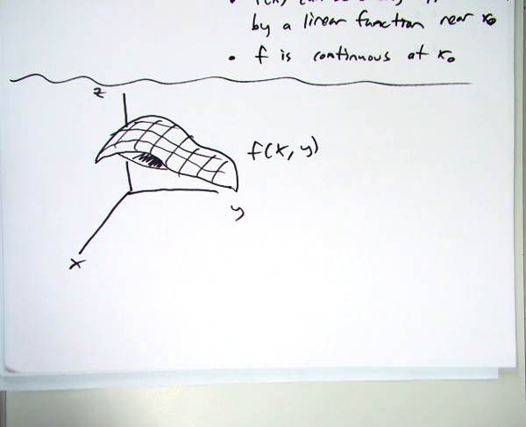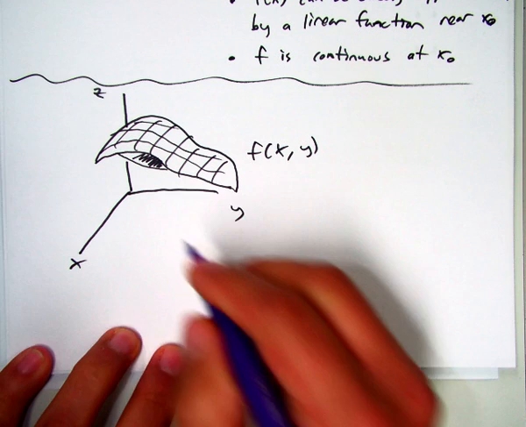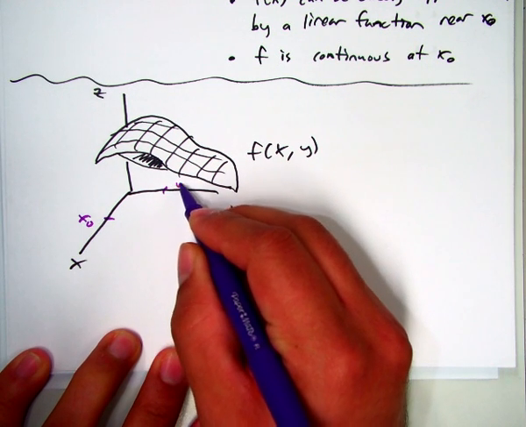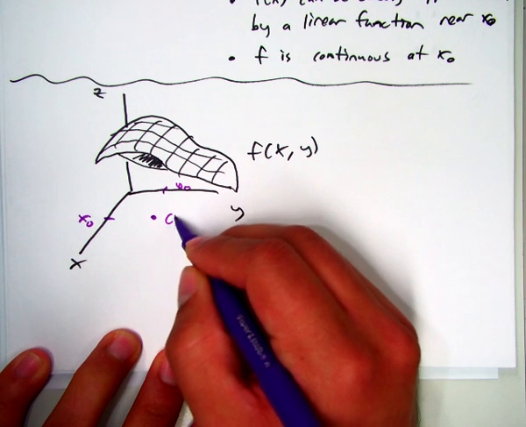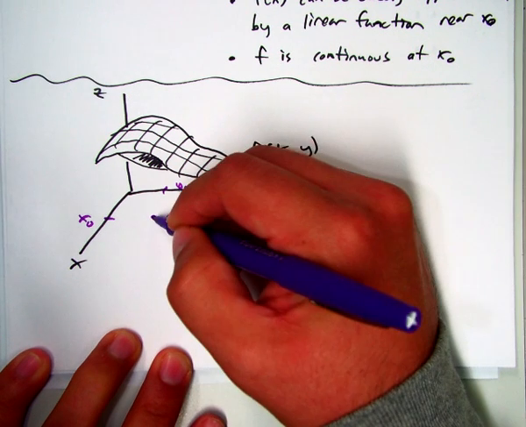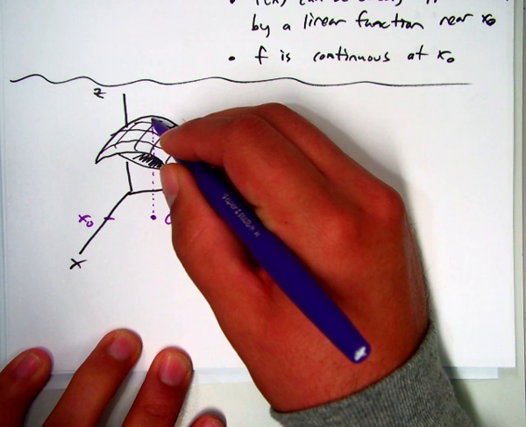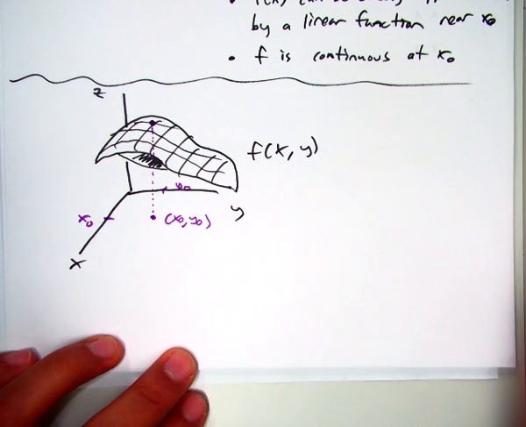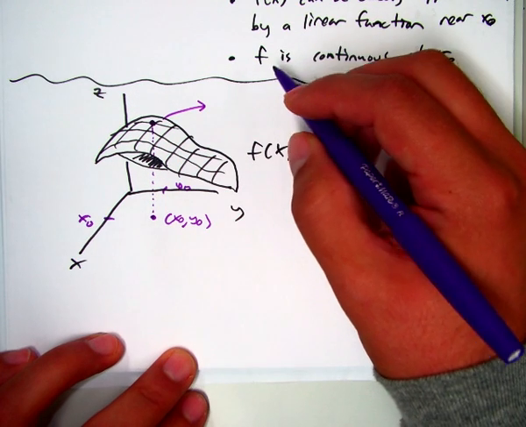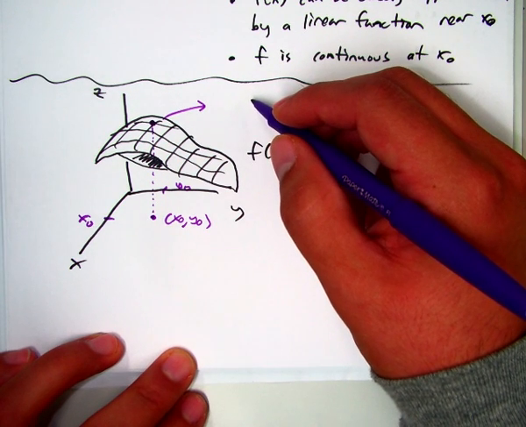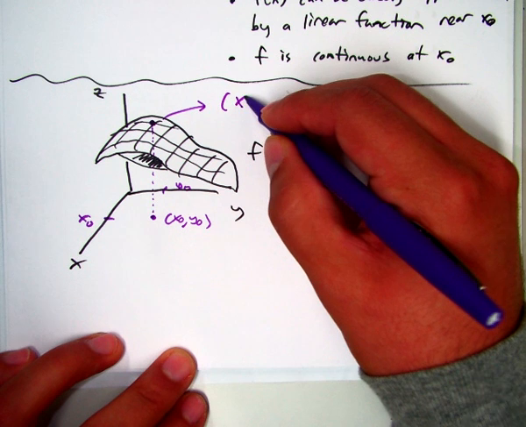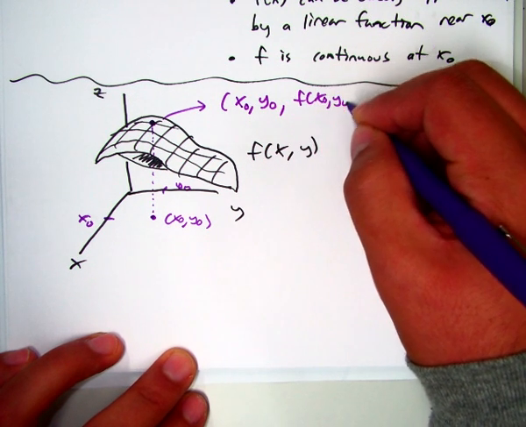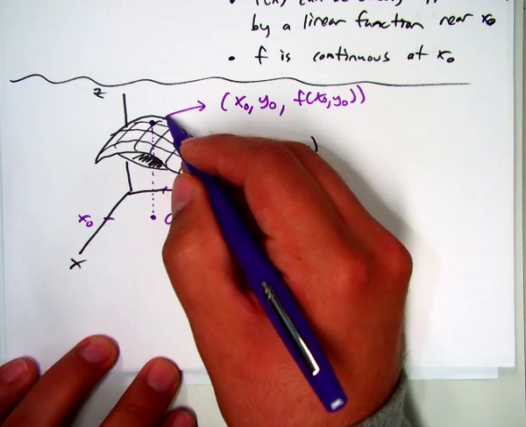All right. Now we have a point corresponding to x naught and y naught that matches up to the surface. So maybe here. This point, what are the coordinates? X naught, y naught, and f of x naught, y naught. Okay?